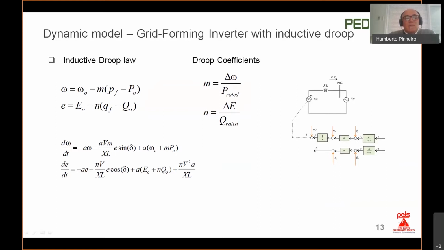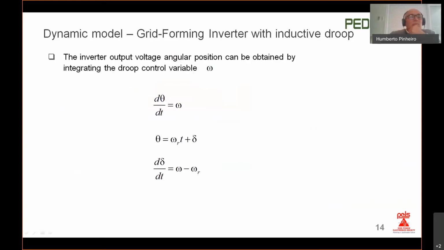Okay, so if we look at this, theta here is the angular position of the voltage synthesized by the inverter, I would say. So it is related to the frequency.